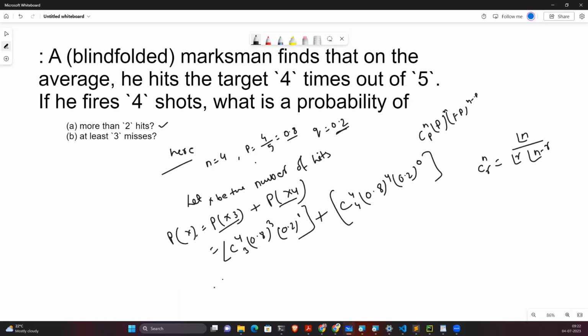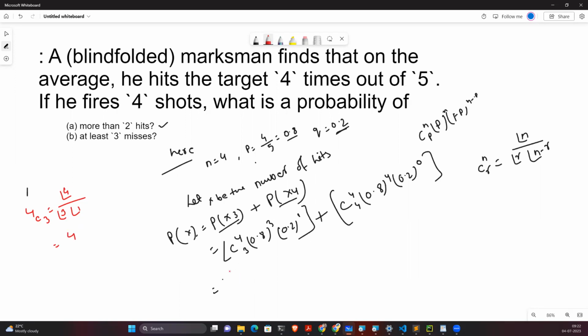Now the same thing we are going to apply here. Let me do it separately. 4C3 is 4 factorial divided by 3 factorial times 1 factorial. I think the answer will be 4, right?